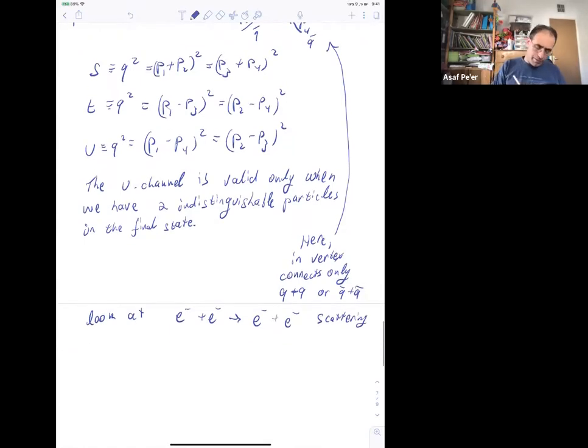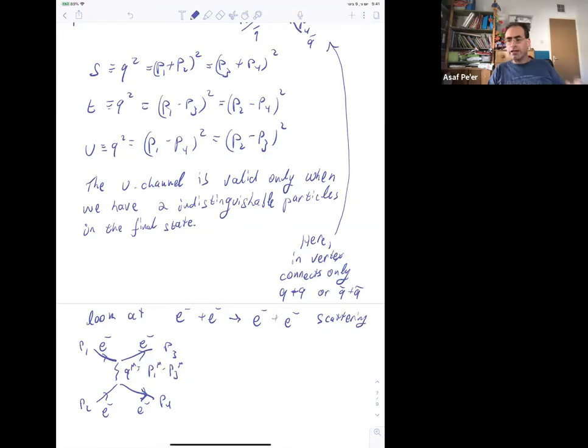So we have the T channel for that, P1, P2, P3, P4, where Q mu is just P1 mu minus P3 mu. But since we cannot distinguish between the electrons, the upper and the lower outgoing ones, P3 and P4 can be reversed.